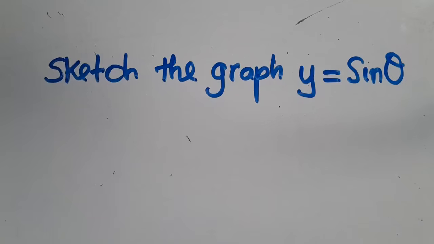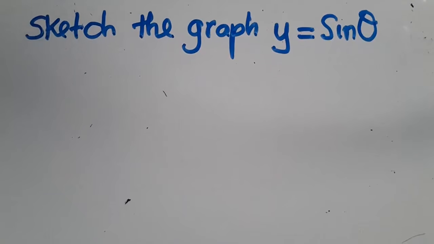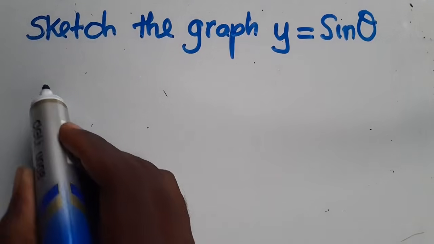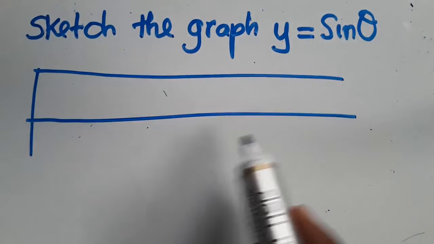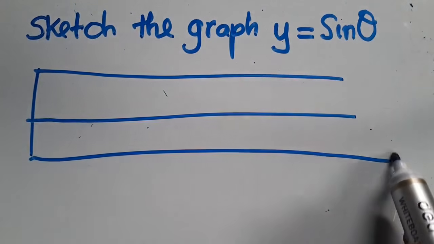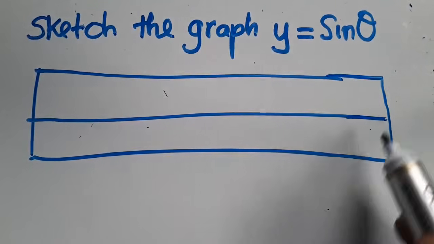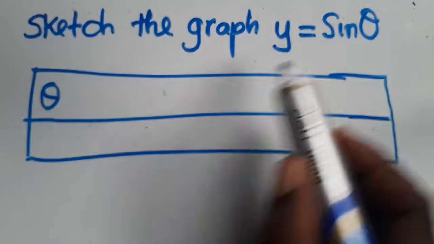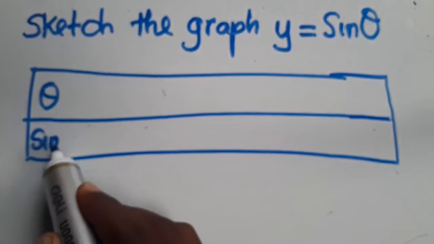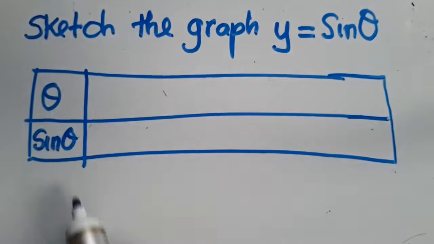How can you sketch this graph? Simple procedure: a table. So you put a nice table like this. You put theta here, and sine theta there. This is what you are going to do.